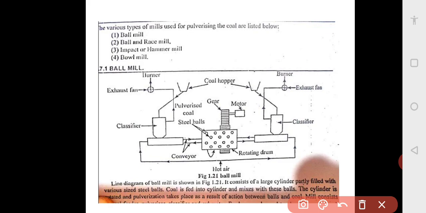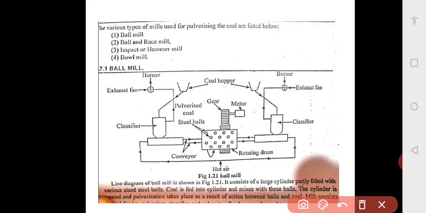It consists of a large cylinder partly filled with various sized steel balls. Coal is fed into the cylinder, which mixes with these balls. The cylinder is rotated and the pulverization takes place as a result of action between the balls and the coal. The mill consists of coal feeder, pulverizer, classifier and exhauster.